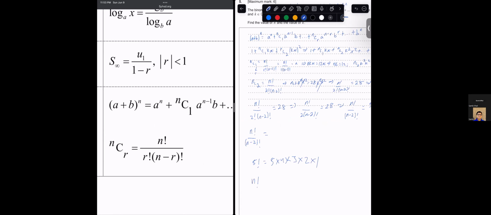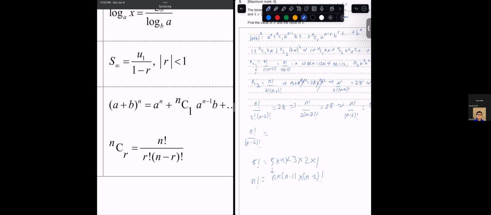So what would a generalized form be for n factorial? n factorial is essentially n into n minus 1 into n minus 2 factorial, right? That's it. As simple as that. Because we're just coming down, essentially this is 5, 4, 3, then keeps on going, right?